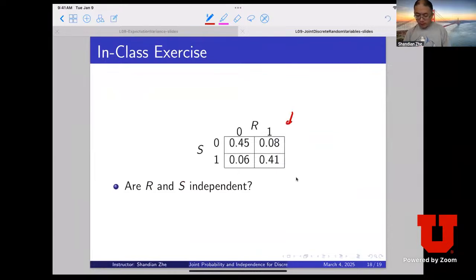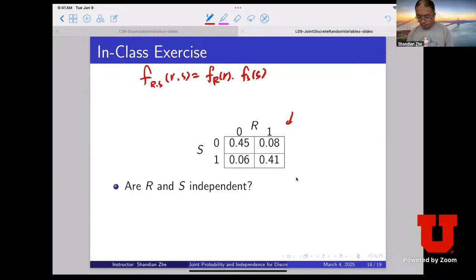So going back to our wireless communication scenario, this is our joint probability density for S and R, right? So how do we check if R and S are independent with each other? Following the definition, we just want to check whether the joint density can be decomposed as the product of marginal densities, right?